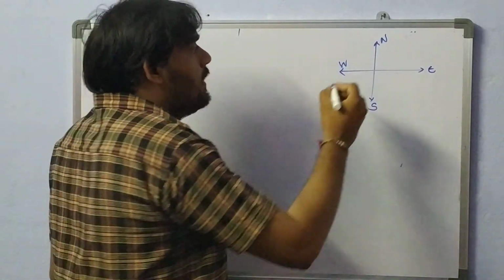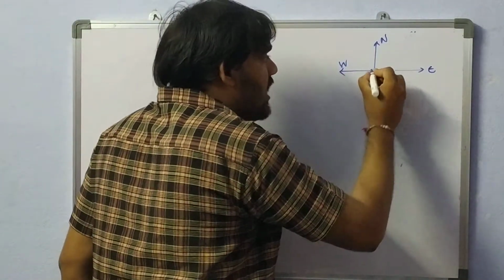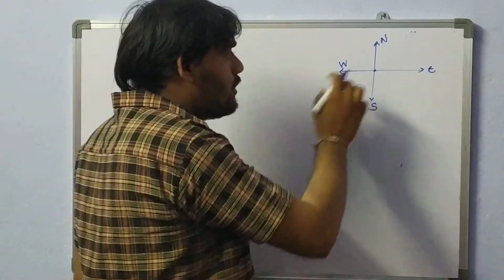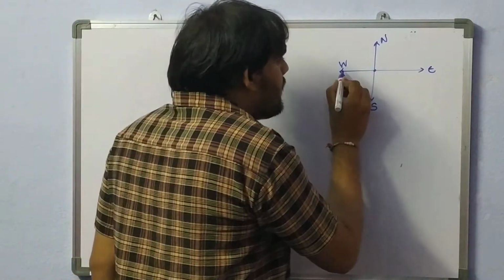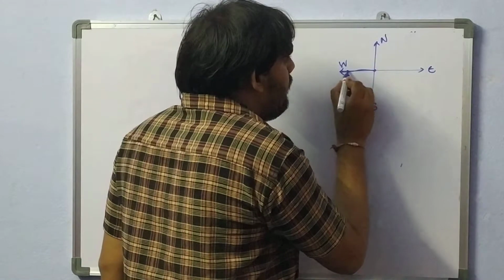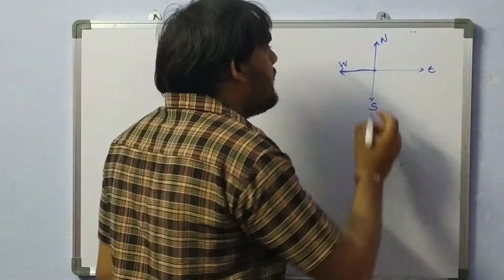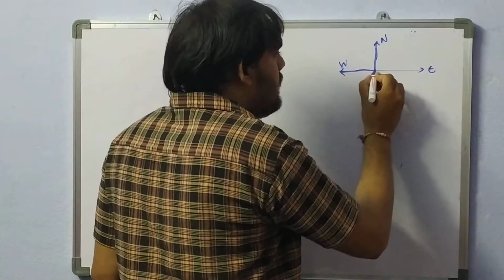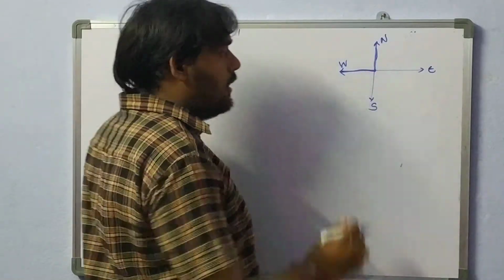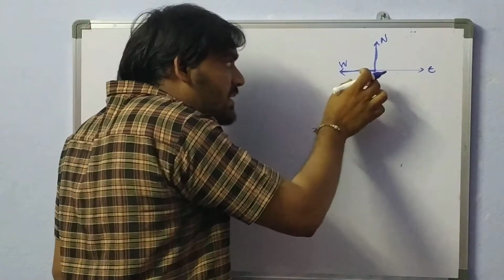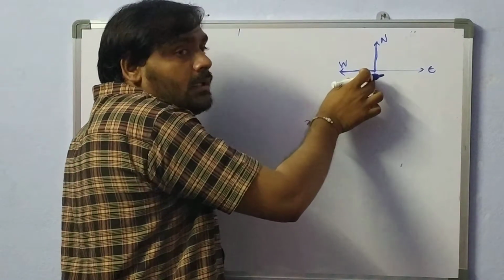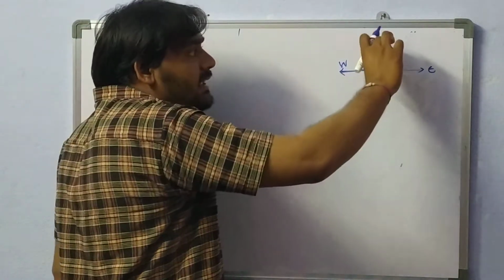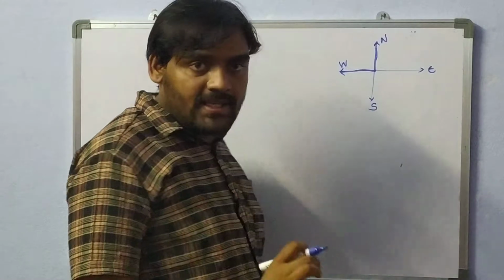So here, this is the starting point of the two trains. First train towards west, second train towards north. But the speed of the first train is 5 kilometers per hour faster than the speed of the second train.